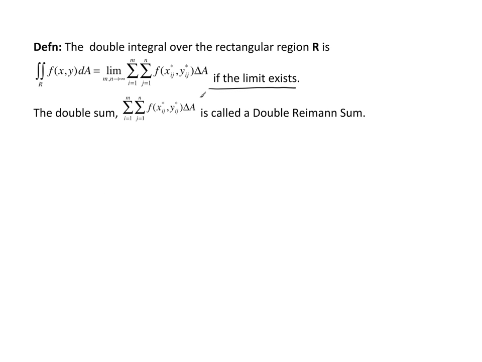Now this double sum is simply referred to as a double Riemann sum.